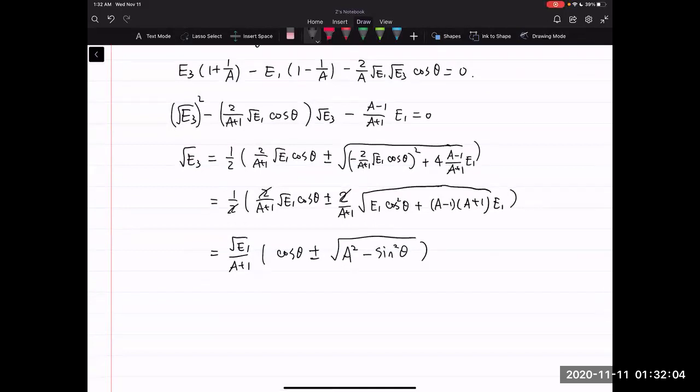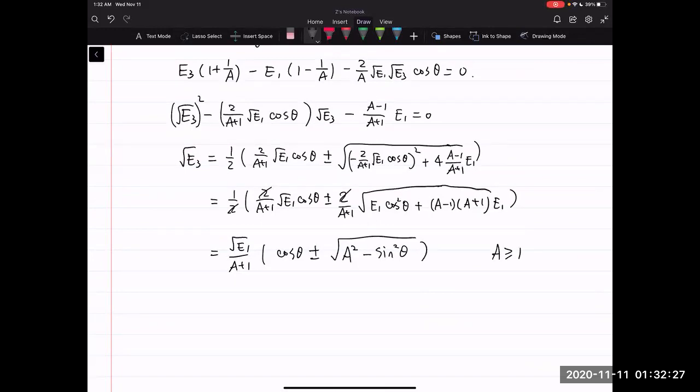Now A is the mass number, so A is at least 1. If the target is a proton, then A is 1. If the target is heavier than a proton, then A is more than 1. If A is more than 1, the second term inside the square root will be more than cosine.